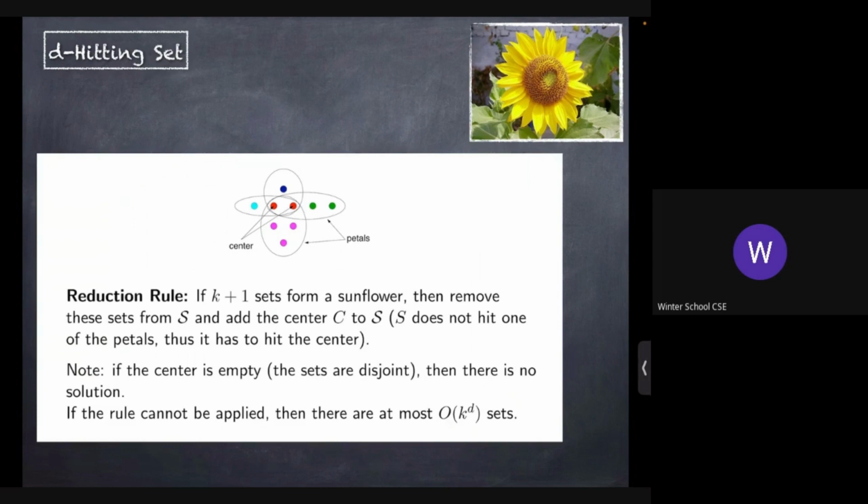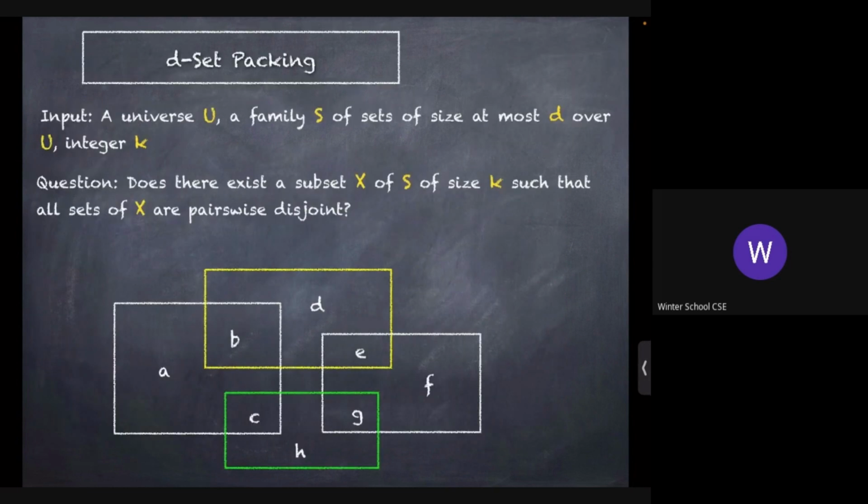So if I cannot apply the reduction rule with a sunflower with k plus 1 petals, then the number of total sets should be at most k to the power d. Okay? So in essence, it's the same degree reduction rule, but stated in a much nicer and cuter way.